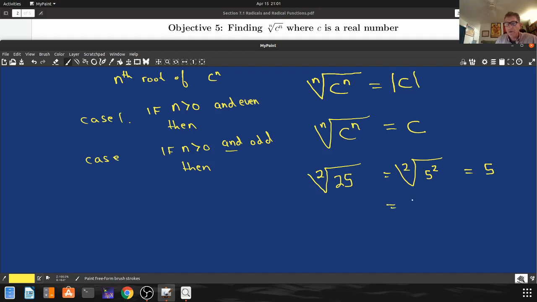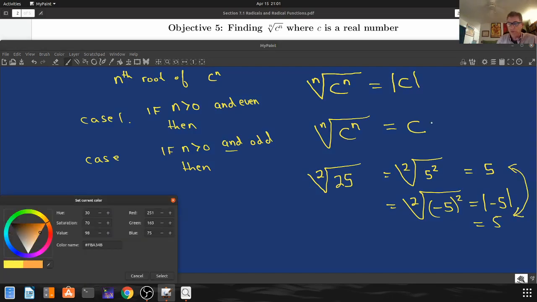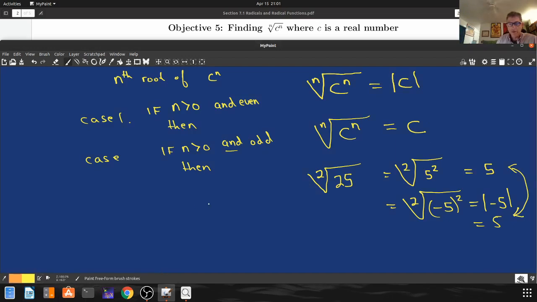But it's also, if you want to think about it, equal to the square root of minus 5 squared, in which case it's the absolute value of minus 5. The end result is still 5 in both cases. So in particular, this is when you would use it. You wouldn't use it there, but you would use it here.